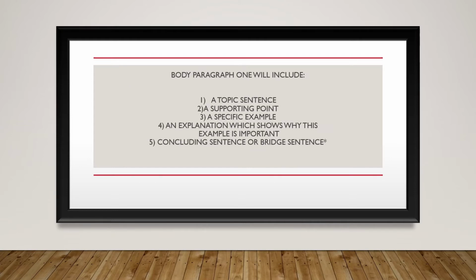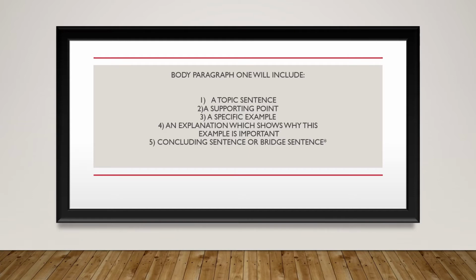Body paragraph 1 will typically include a topic sentence, at least one supporting point, a specific example, an explanation which shows why this example is important, and a concluding sentence or bridge sentence. A bridge sentence introduces the next topic in the following body paragraph.